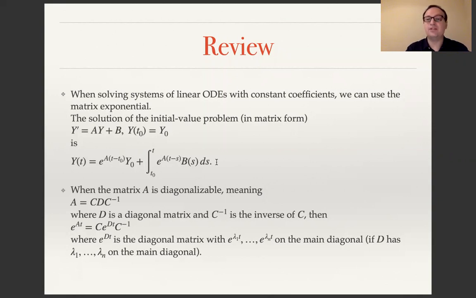So the difference is that in the system case, y0 and b of s are vectors, and the exponential is a matrix exponential, and the integral is the integral of this vector valued function.